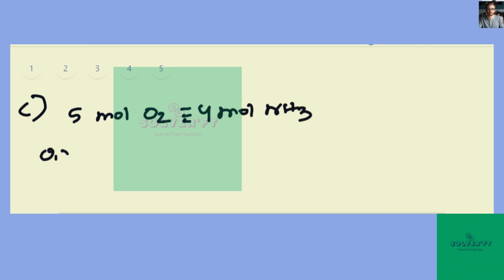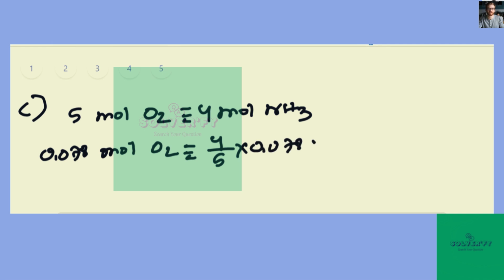That means 0.078 mole O2 will react with 4 over 5 times 0.078 mole, which is equal to 0.0624 mole.